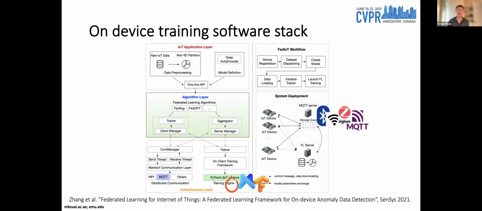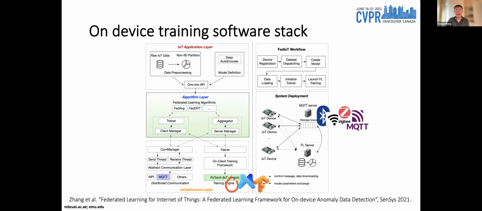The FedIoT framework is built to support wireless communication using whatever topology, either Bluetooth, Wi-Fi, or MQTT. MQTT is a famous, lightweight wireless communication framework for IoT devices, and it is easy to extend to many newly joined smartphones or wearable devices.